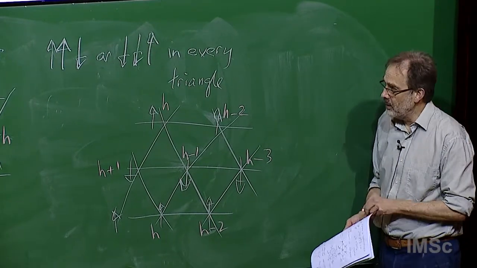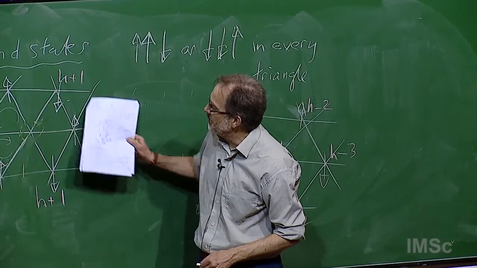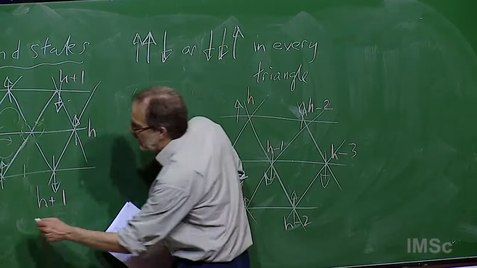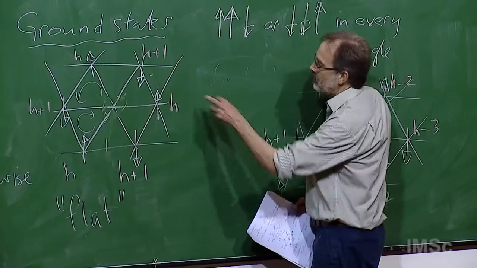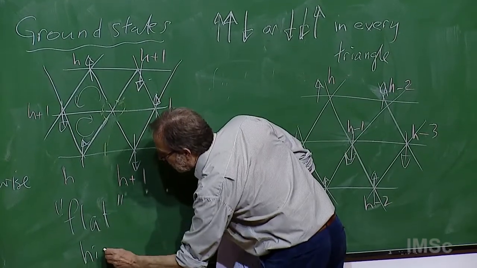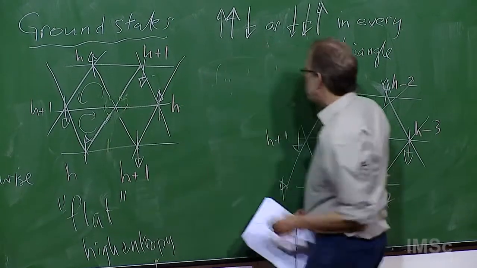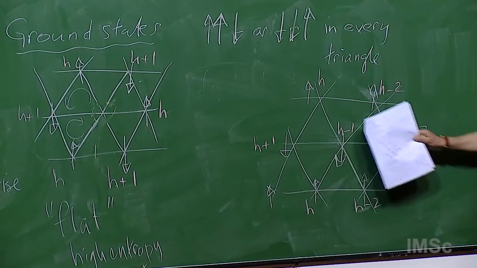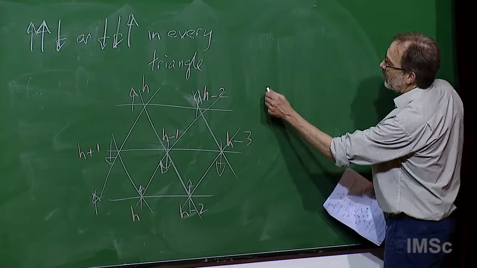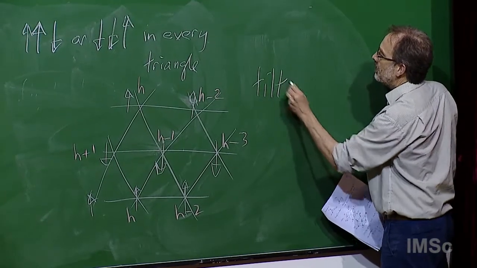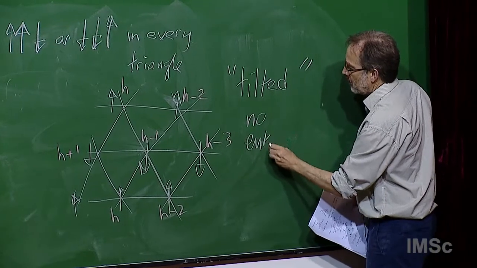And the point is that in this example, the height fields only have small fluctuations, and so we can say this is roughly flat, and it also has a high entropy because of the flippable spin. And this has an average gradient. In fact, it has the maximum possible gradient. So it's certainly tilted, and it's got no entropy.